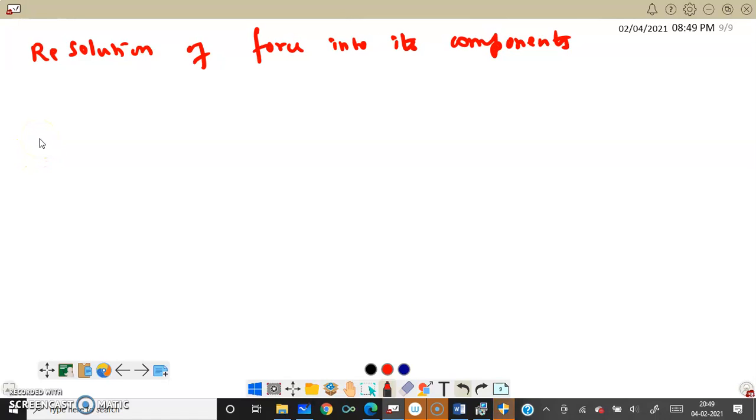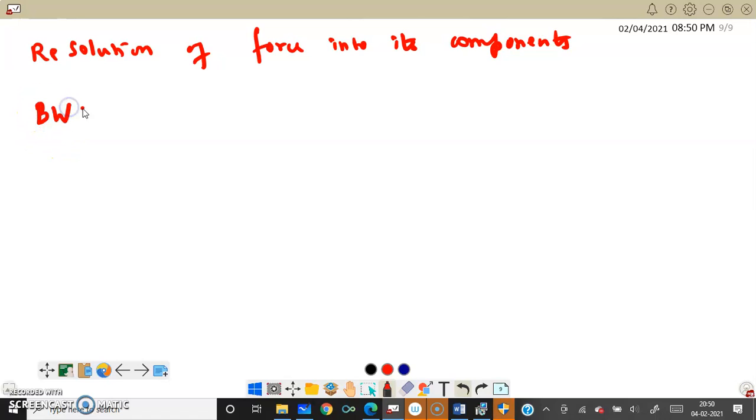We know this. Conversely, if F1 plus F2 is given, we want to find what F1 and F2 are. This is known as resolving the resultant of the forces into its components. There can be infinite number of parallelograms with F1 plus F2 as the diagonal. We know only the diagonal, so infinite number of parallelograms have the same diagonal. So which one are we talking about? That is what we are going to see.